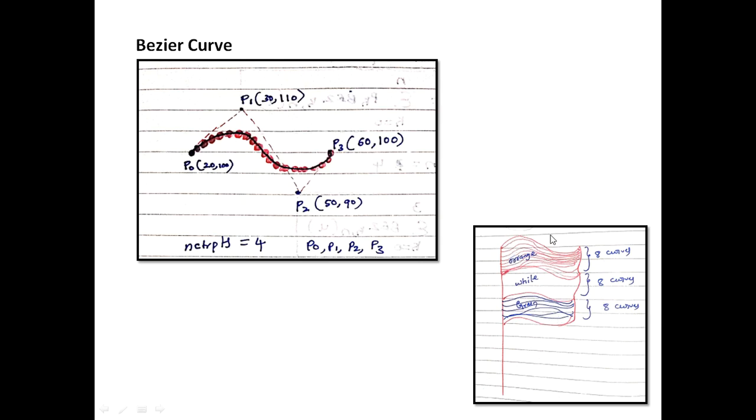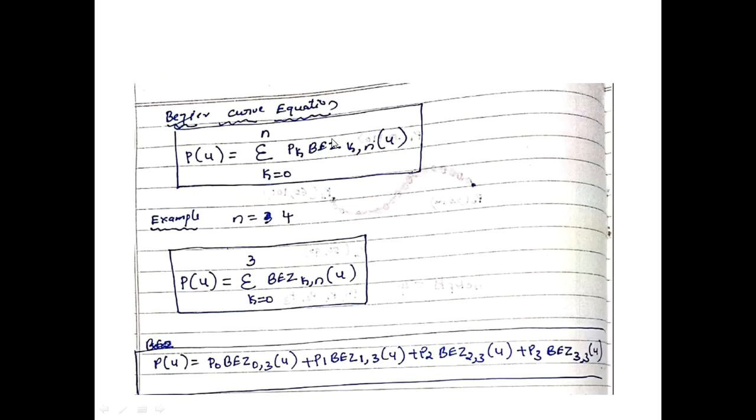To create one curve, we use four control points, three tangents, 20 pixels, and the u value ranges from 0 to 1. So this is the Bezier curve equation. In our program we have taken the number of control points as 4, so here I will substitute the n value from 0 to 3.